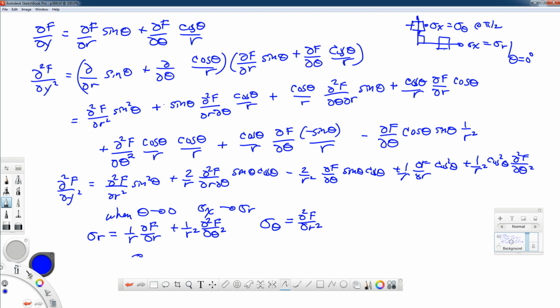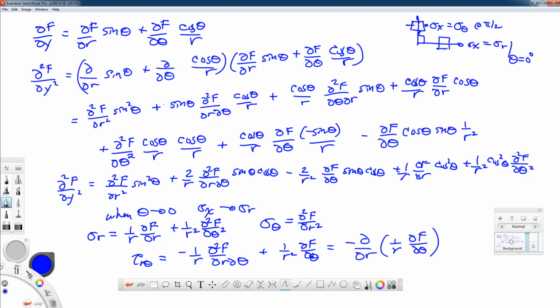Now I'm not going to go through the work, but in a similar way, you can find an expression for tau r theta that looks like minus 1 over r, second partial of f with respect to r and theta, plus 1 over r squared, partial of f with respect to theta, and we can reduce that down and simplify this as an expression of minus the partial with respect to r of 1 over r, partial of f with respect to theta. So these three relationships will tell us how to find the polar coordinate stresses if we know Airy's stress function in polar coordinates.